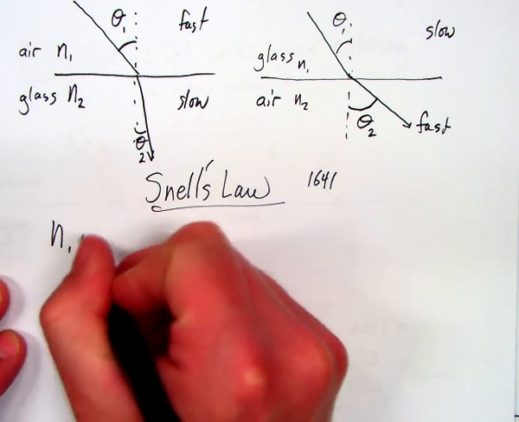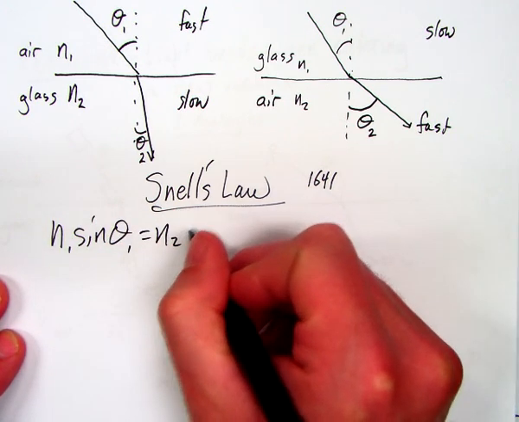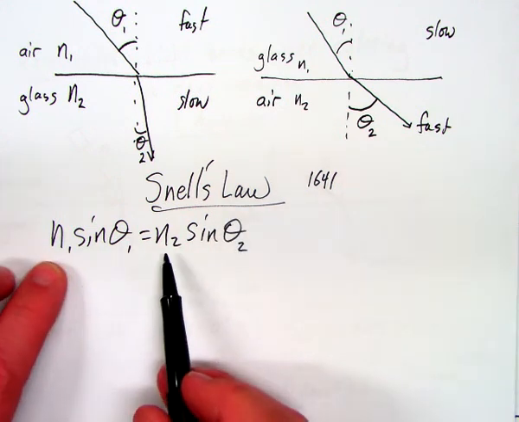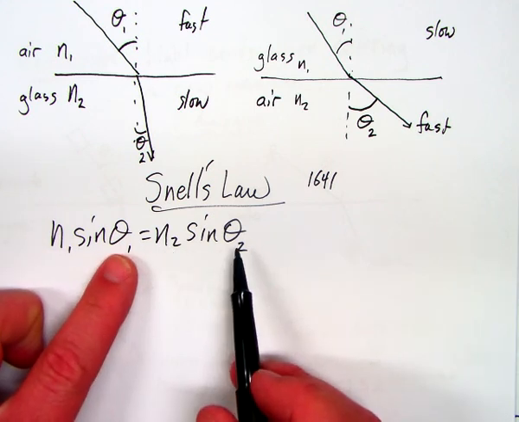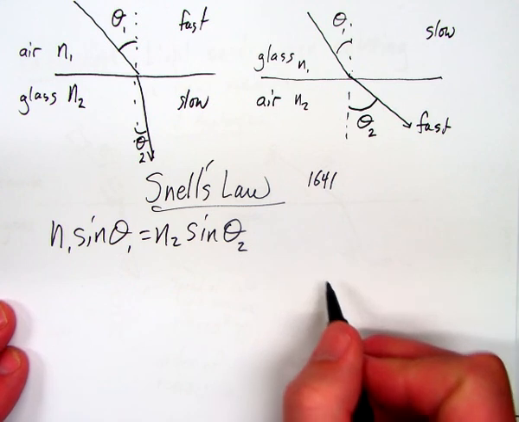A fairly elegant expression. So if I know the relative speed of light in two different media, I can predict the change in the angle. So let's do a specific example of this.